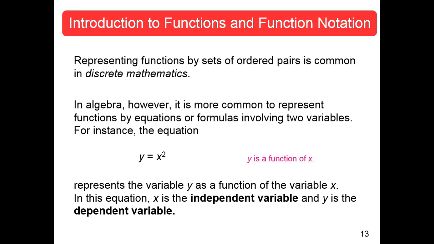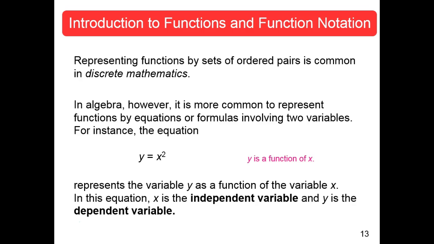Now, we give names for these. X is called the independent variable. The independent variable, no matter what you name it, that could be time, it could be anything, is generally on the horizontal axis. The output variable is called the dependent variable, because guess what? You can give me any x in the world.